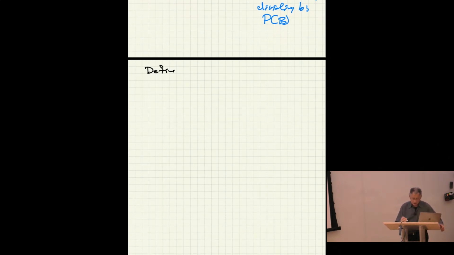I want to define something called statistical independence. And by the way, this is the kind of material you should have seen in high school.